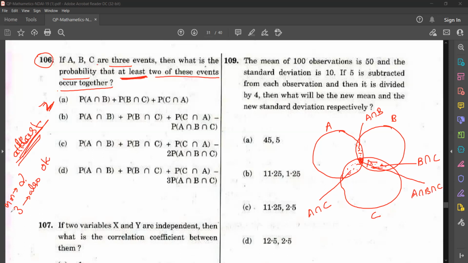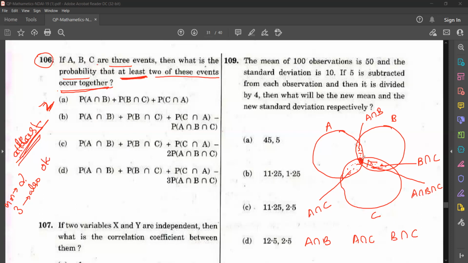Occur together means intersection, so both have to occur. So minimum 2 has to intersect, and 3 intersecting is also fine. So minimum 2 intersection means A intersection B, A intersection C, B intersection C.